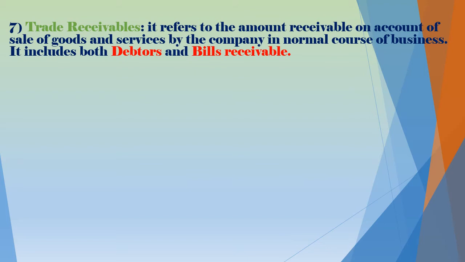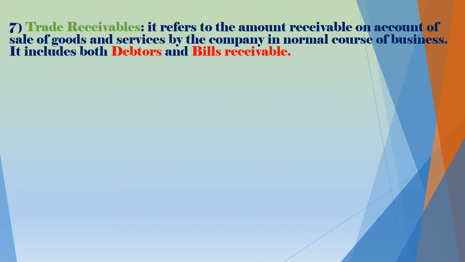So business is a continued activity. It is not a one time or an isolated activity. We cannot call this business when you sell your second-hand car, or when you have old furniture and you want to replace it with new one, so you sell it.